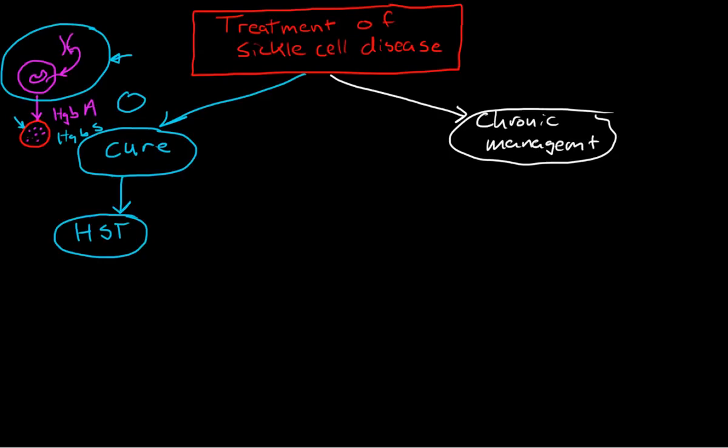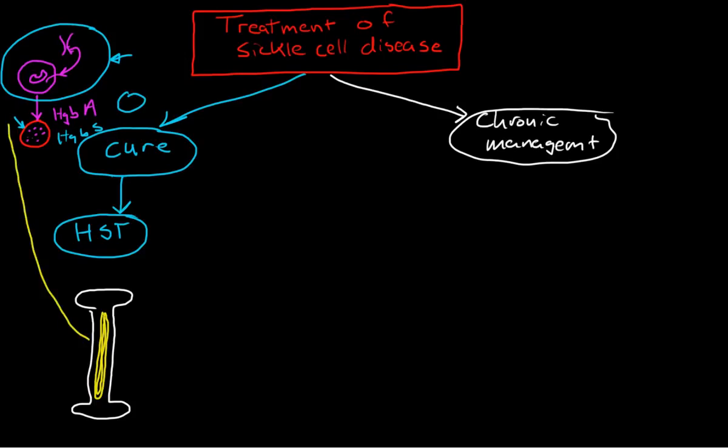And so we do this by giving the sickle cell patient a medication. Our bones are filled with marrow, and the bone marrow is where our hematopoietic stem cells live, and this is where our erythropoietic stem cells live, and where the immature red blood cells are transformed into mature red blood cells and put out into the bloodstream.